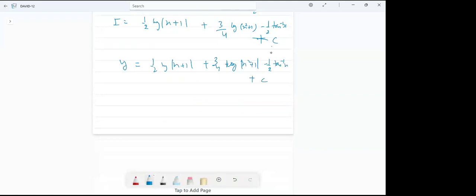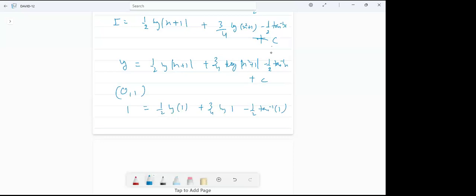And now for c, in the question you have been given x is 0, y is 1. So put x equals 0, y equals 1. So 1 equals half log 1 plus 3 over 4 log 1 minus half tan inverse 1.